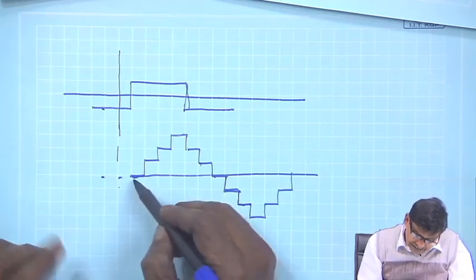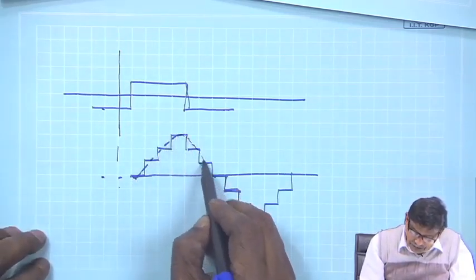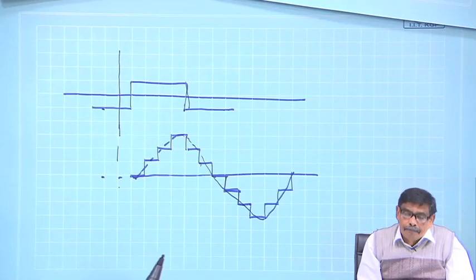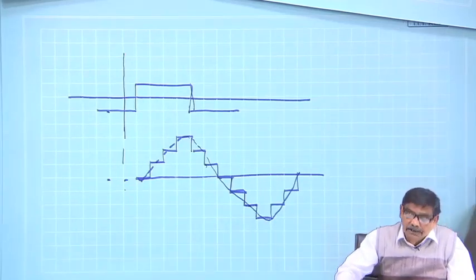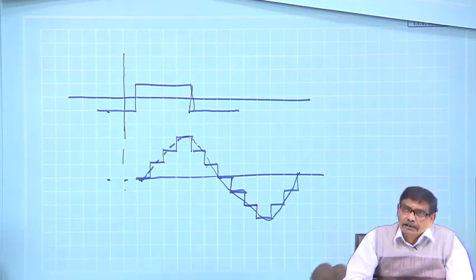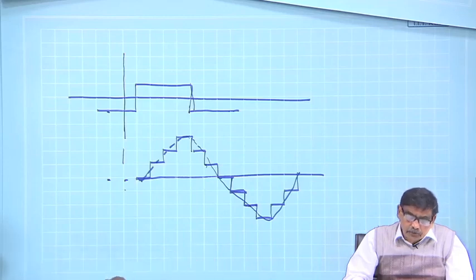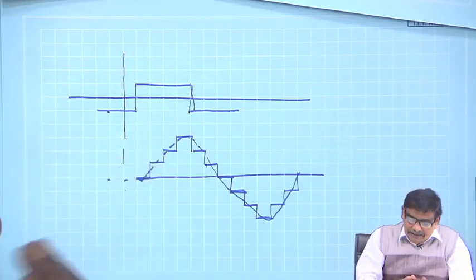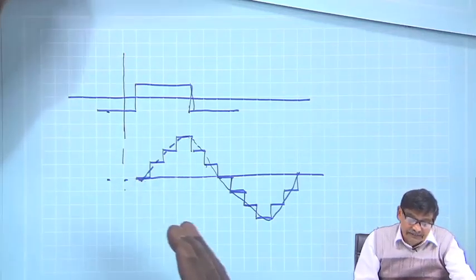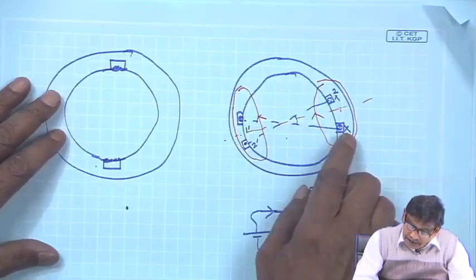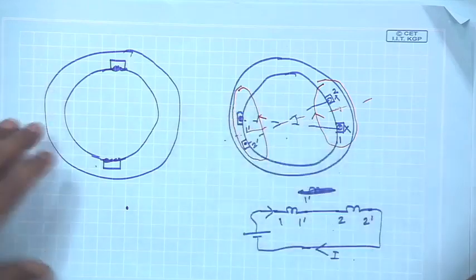And this one is visually much closer to a sine wave, which is what I am ultimately trying to tell. Therefore, to make the B distribution sinusoidal, the first conclusion is do not use a single coil. For a two pole machine, a single coil produces 2 poles, but have a distributed coil, that 1 dashed, then 2 dashed, then why not another coil here.